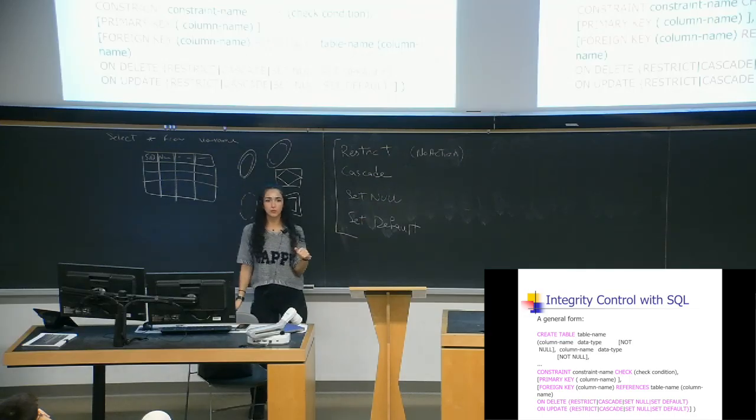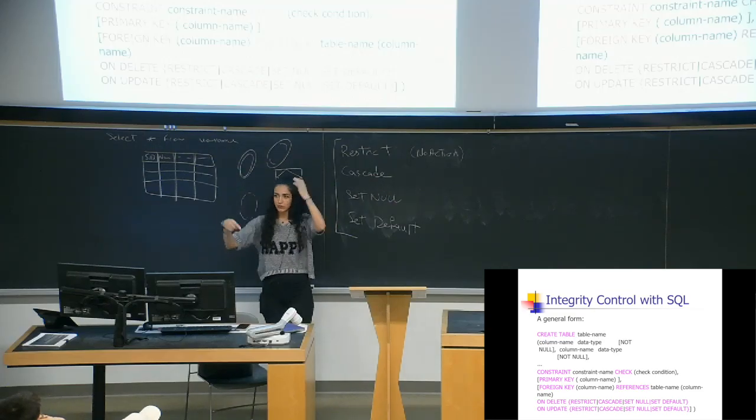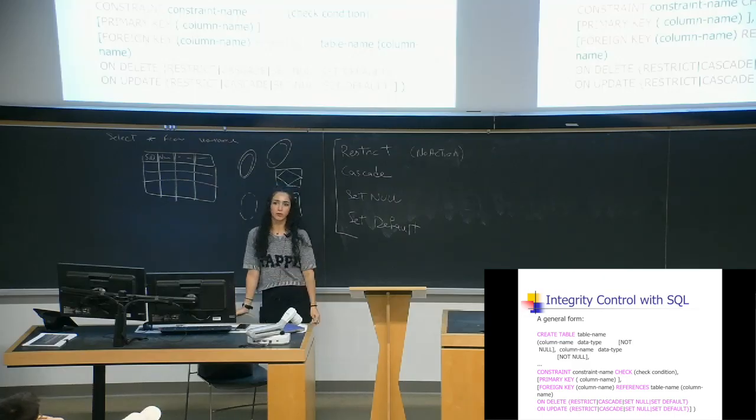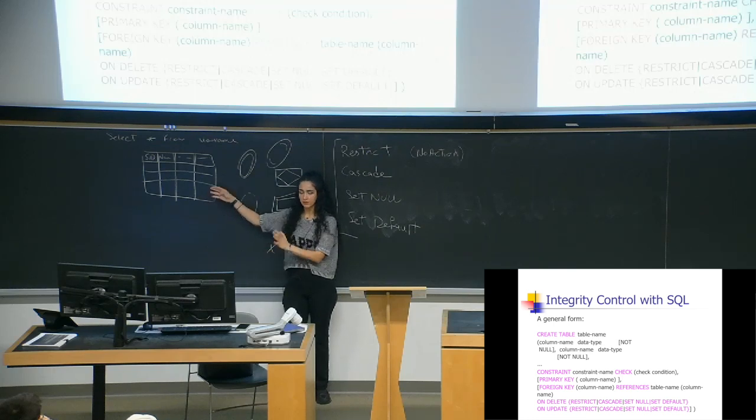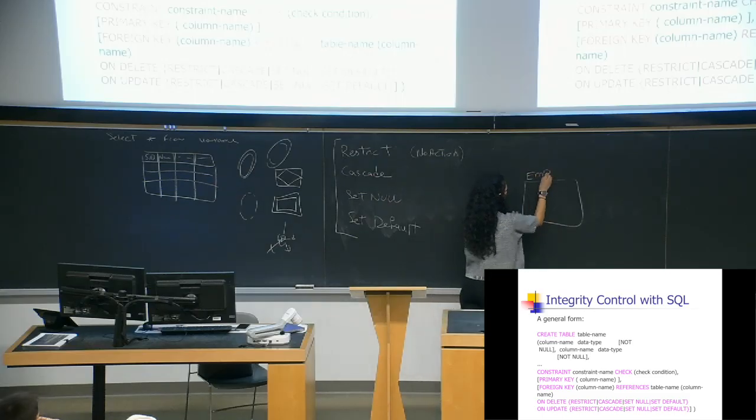Other options. Let's say you want to remove the ECS department, but you don't want to remove my data, and you also want to allow the ECS to be removed from the department. What is the other option? You can remove ECS from the department table, and then in the employee table, let's say this is your employee table, with employee ID, name, department ID, and this is, for example, Mona working in ECS and so on.